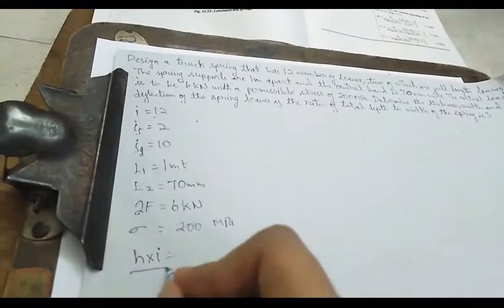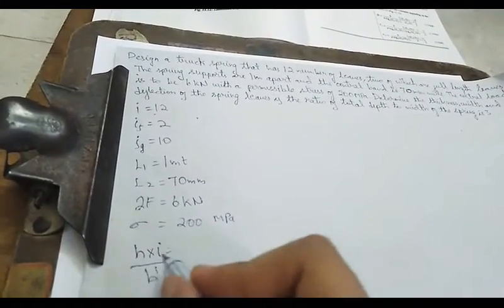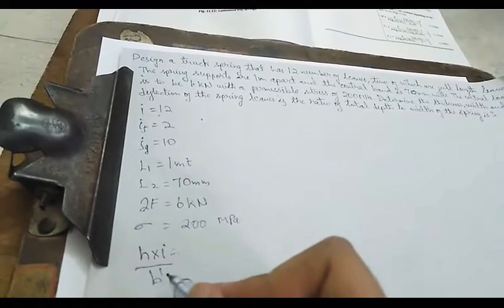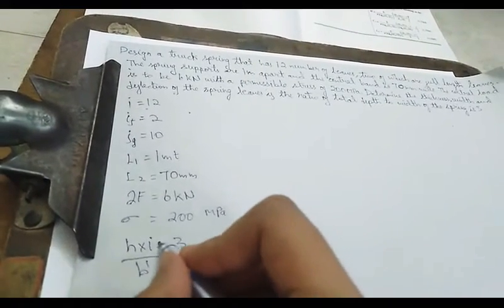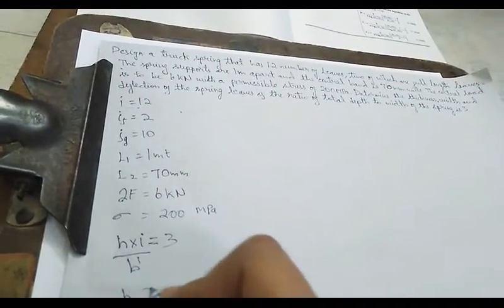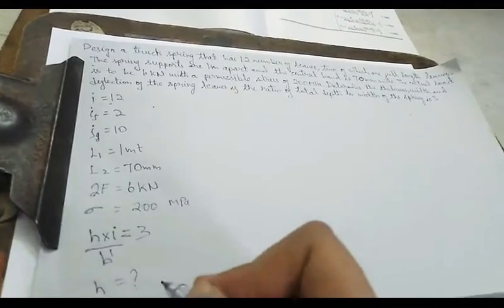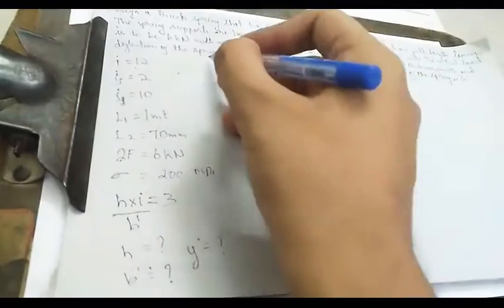The total depth to width B dash is 3. They are asking us to find H, B dash and y.